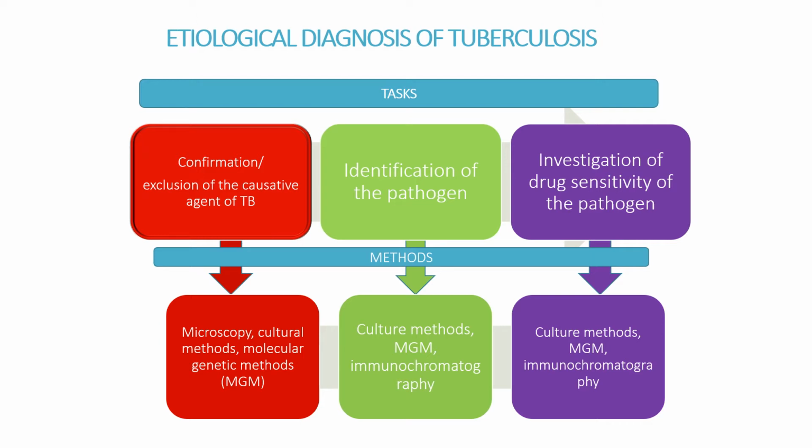For identification of the pathogen, we can use culture methods, MGM, molecular genetic methods, and immunochromatography. And for investigation of drug sensitivity, we can use culture methods, MGM, and immunochromatography.